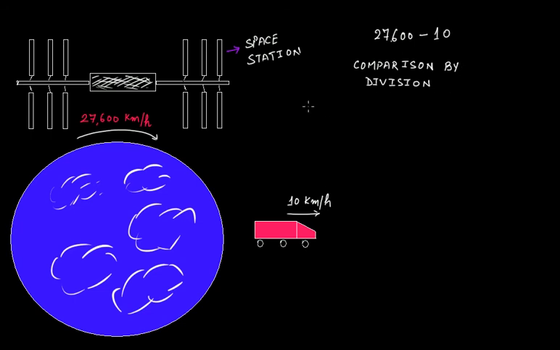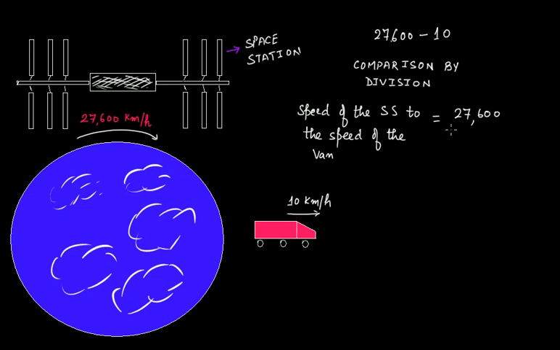In this case, you will do the speed of the space station, SS, to the speed of the truck, or the van, whatever. This will be equal to 27,600 over 10, and this will give us 2,760 over 1.